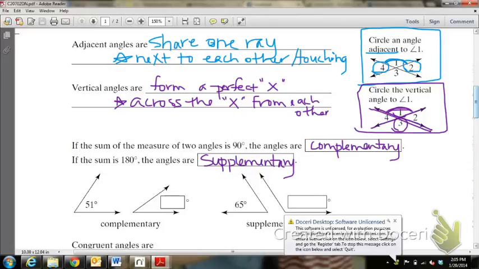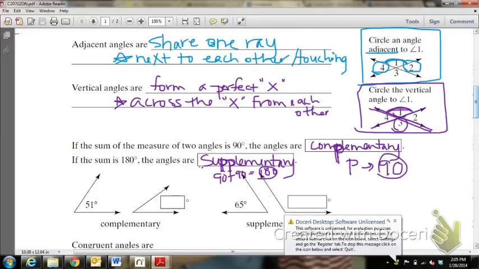So there's various ways to remember the difference between these two, but complementary has one P, and if you look at P, it's kind of like a backwards 9, so it's 90. Complementary is 90. Supplementary has two P's, so it's like a 90 and a 90, which adds up to 180. So if you have two 90s, that makes 180, that's supplementary. If you just have one P, that's 90, that's complementary.